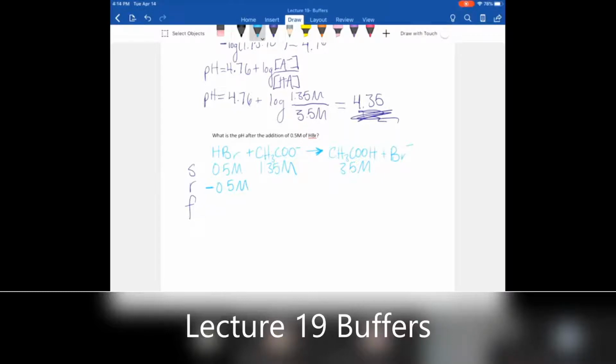Because let's say if HBr was more, that would essentially mean you killed your buffer. So you would subtract your acetate from that, and then you'd end up. I wouldn't focus too much on it. I shouldn't have mentioned it, but if you ever get confused, that would be a completely different scenario, which I don't think you guys need to know for this type.